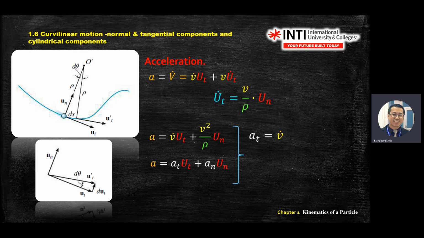But anyway, when you come to this equation that you see on the screen, your v is always your velocity in the tangent direction. There's no velocity in the normal one. Velocity is always tangent to the curve.